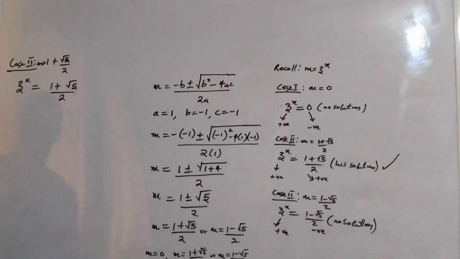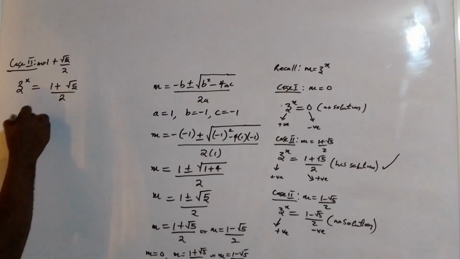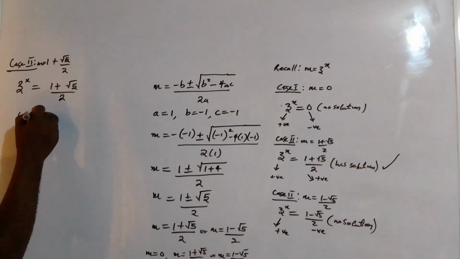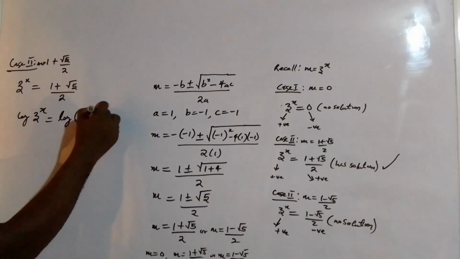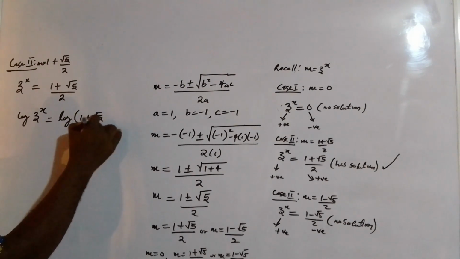Let's just take the common logarithm of both sides. So we have log of 3 to the power of x equal to log of (1 plus root 5) all over 2.